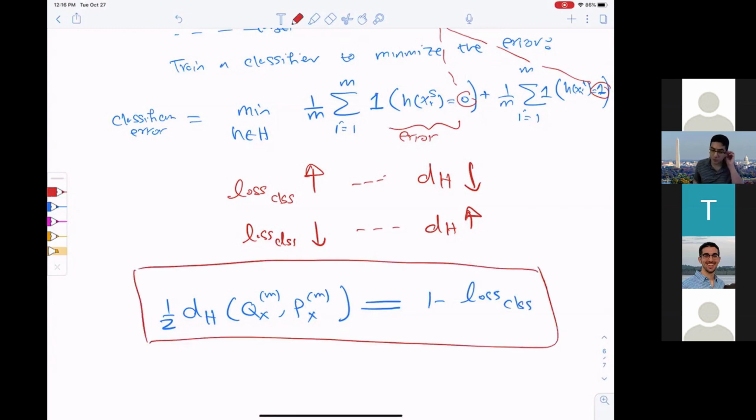So in order to estimate this H divergence, I just need to train a classifier, look at the error, and 1 minus that is half of the H divergence between Px and Py.